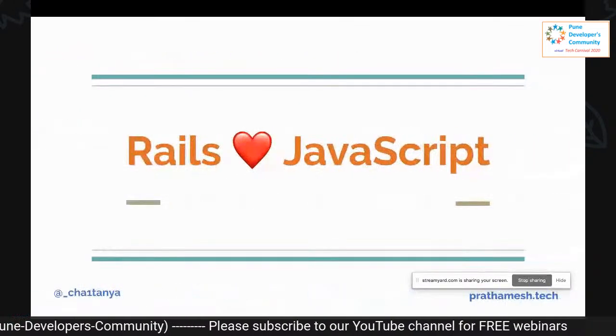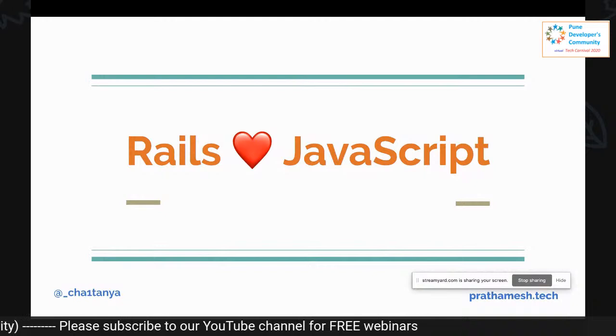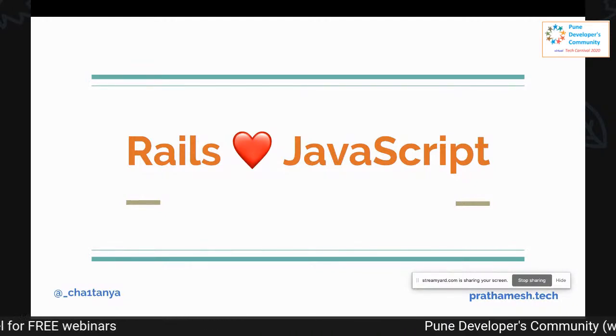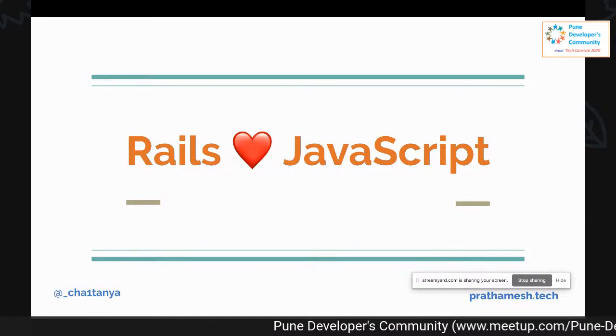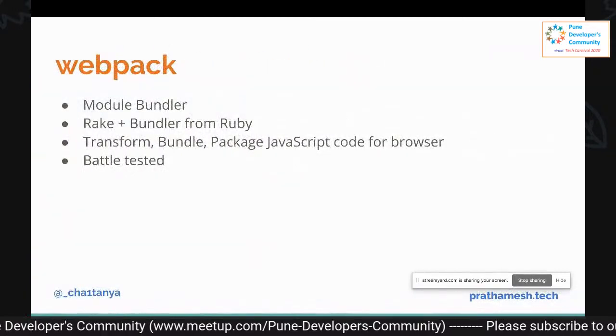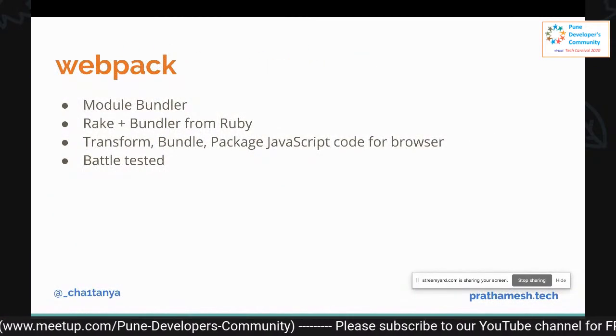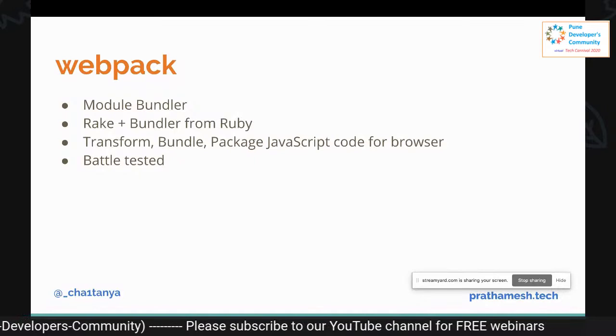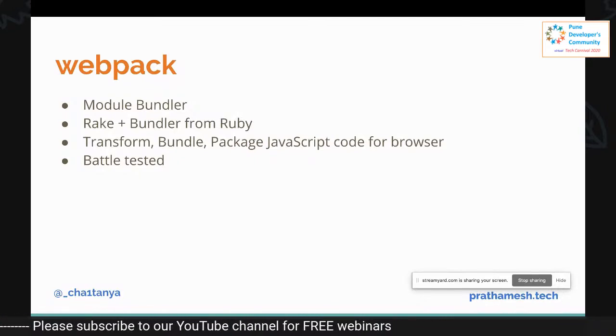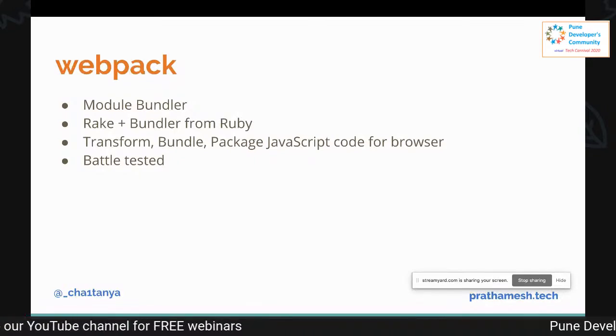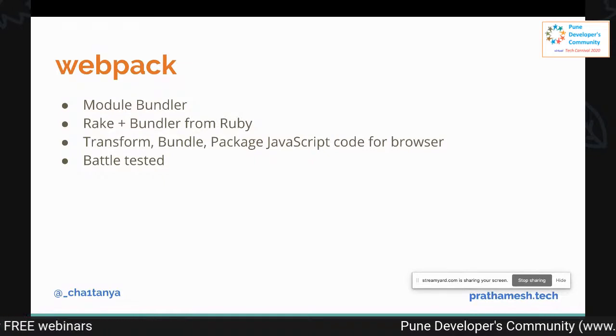So that's when the Rails team started exploring how we can embrace modern JavaScript, and they came in with the approach where they started using Webpack. I think most of you might have heard about Webpack. Webpack is basically a tool which does most of the tasks that are done by Rake and Bundler from the Ruby ecosystem.